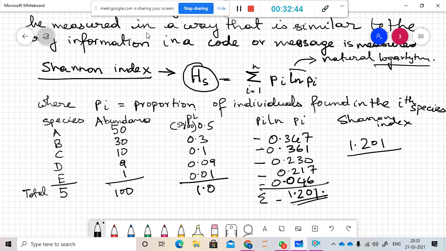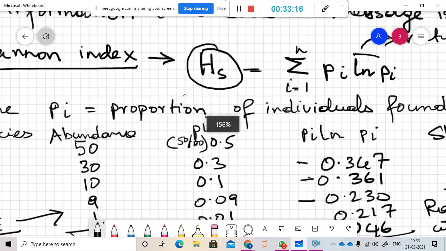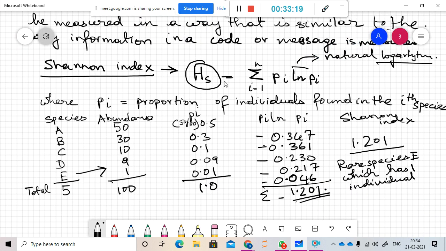So even here the rare species, which is E, which has got one individual, contributes some value to the Shannon index. Here, for example, you had 0 in the previous one.